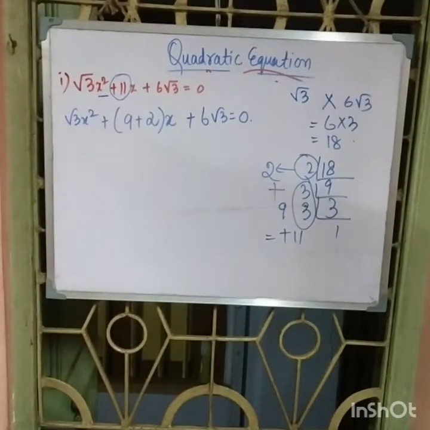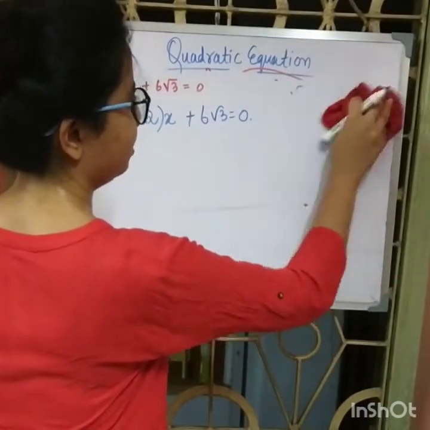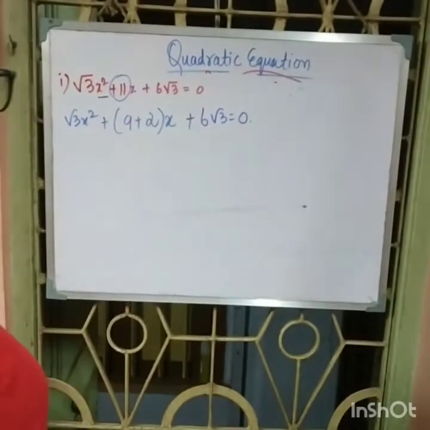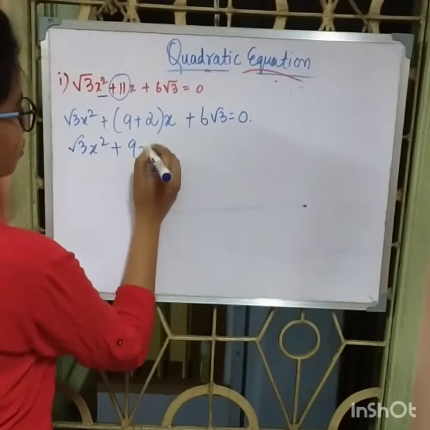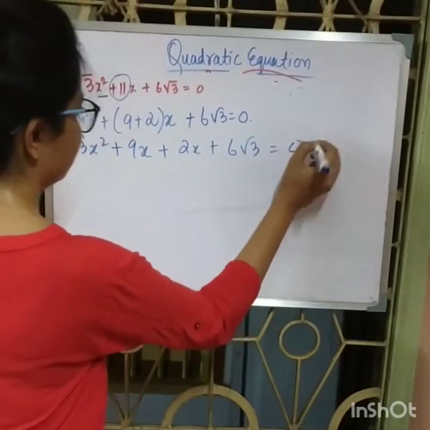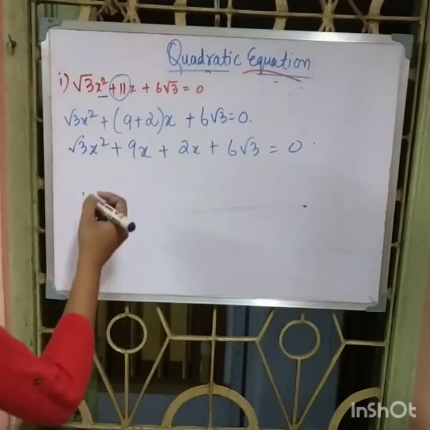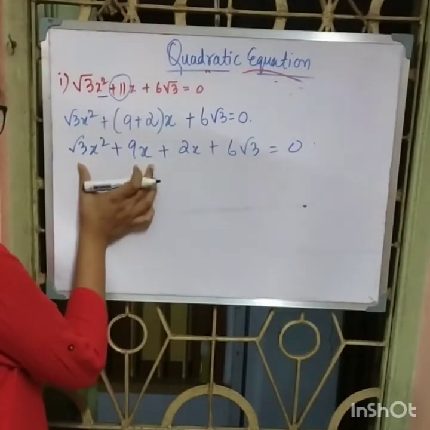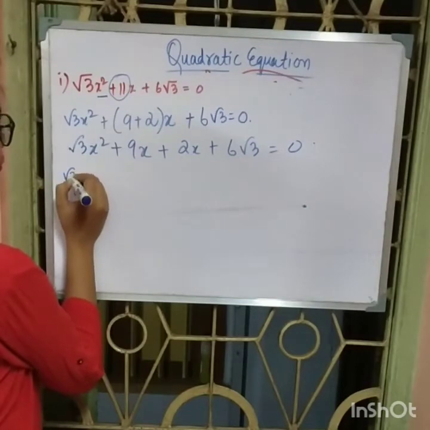What to do next? First we need to open the brackets. It comes to 9x, it comes to 2x, 6 root 3, that's done. Now we need to take common. From the first two terms, what can we get common? It is root 3.